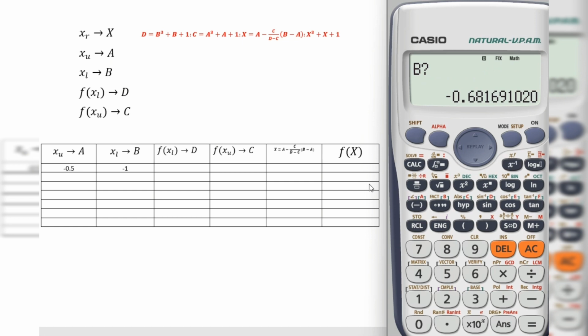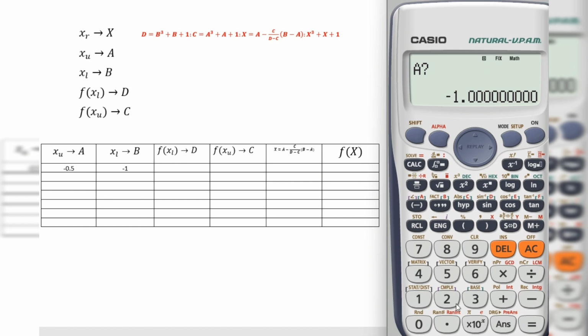Now we are going to enter the input values A and B. Here I have taken A equal to minus 0.5 and B equal to minus 1. But if we want to take A equal to minus 1 and B equal to minus 0.5, it doesn't matter. Finally you can get the same answer. Now we enter the input values. B is equal to minus 1, equal button.